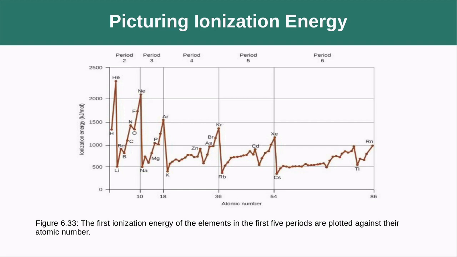Here we can picture that trend. It's always going up as we move across the periodic table, and you'll note that we already know that the ones that are down here at the bottom, lithium, sodium, potassium, rubidium, these are all the ones that we're going to expect to form a +1 ion. And so they have low ionization energies, so it doesn't take a lot of energy to put them into that state.